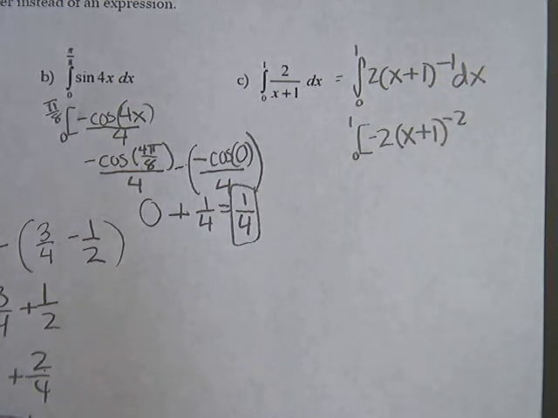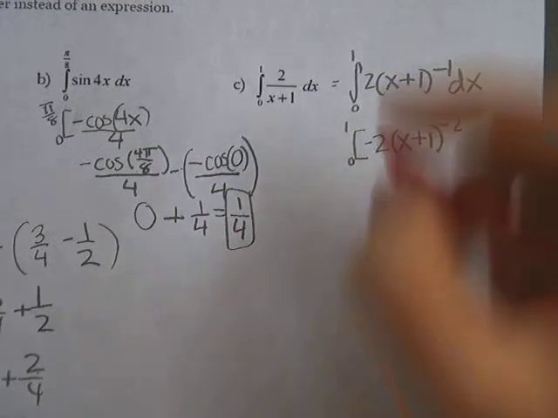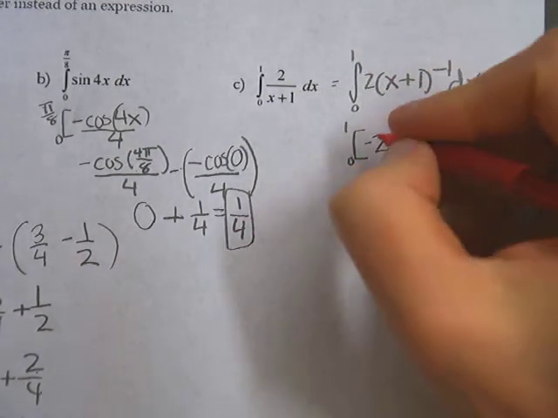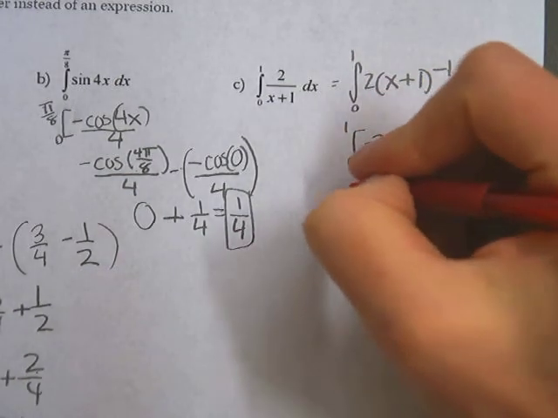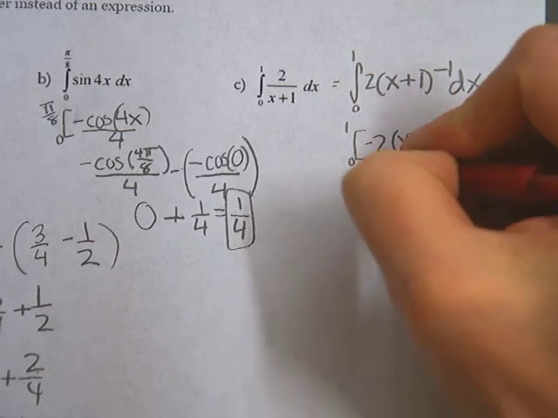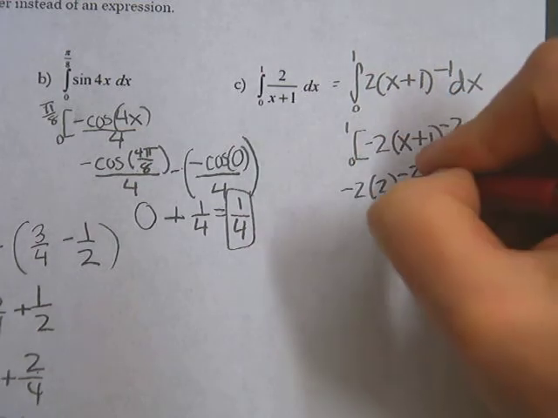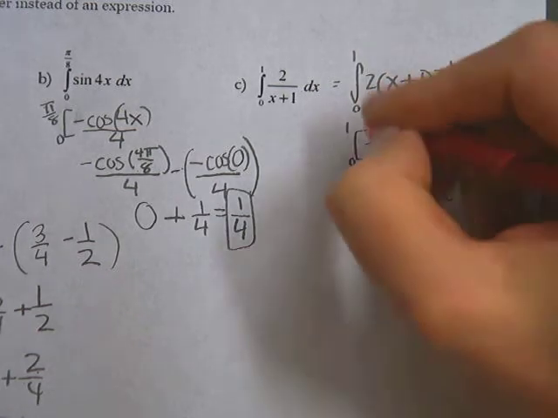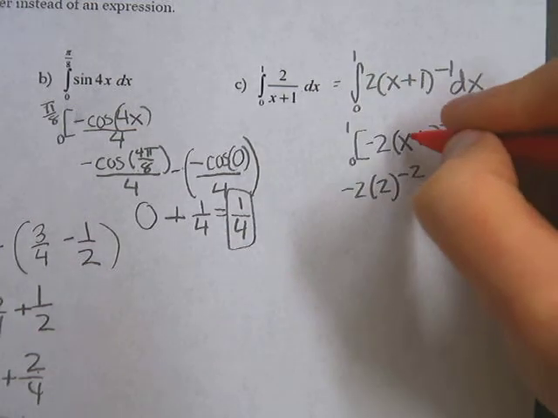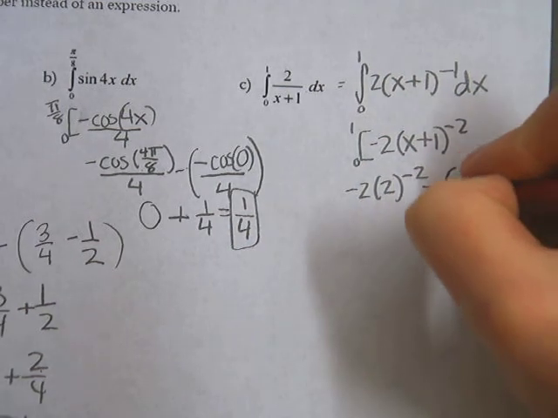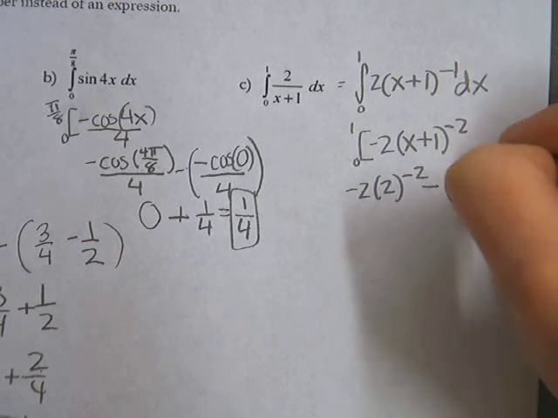Now I'm going to plug in my bounds, which are 1 and 0. If I plug in 1, I get negative 2 times 2 to the negative 2. And if I plug in 0, I get negative 2 times 1 to the negative 2.